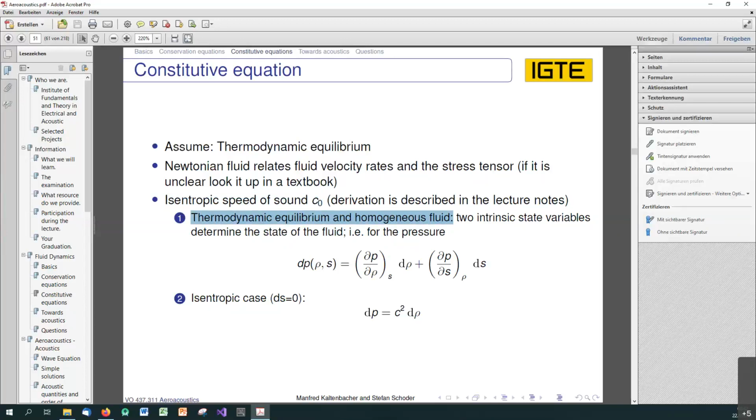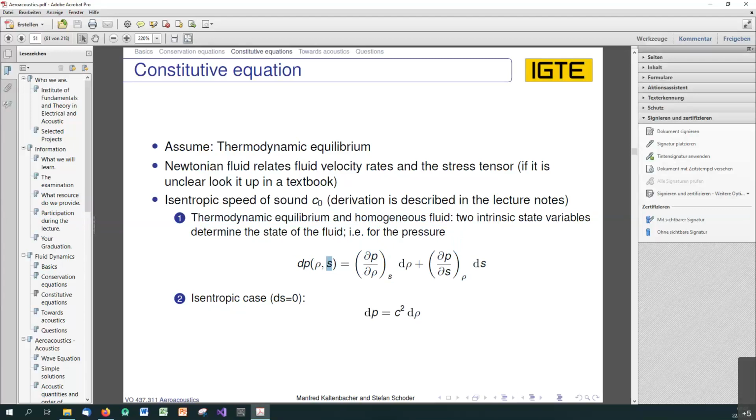Then we can relate two intrinsic state variables by an equation, so that a change in the pressure depends on two other state variables. The state variables are the density and the entropy. And this relation always looks like this.